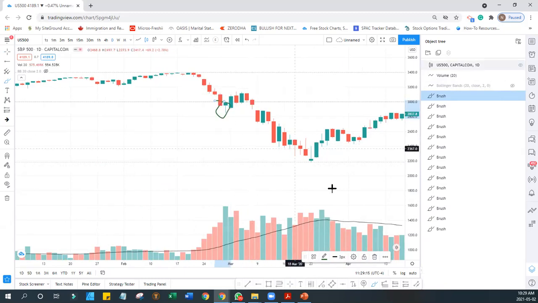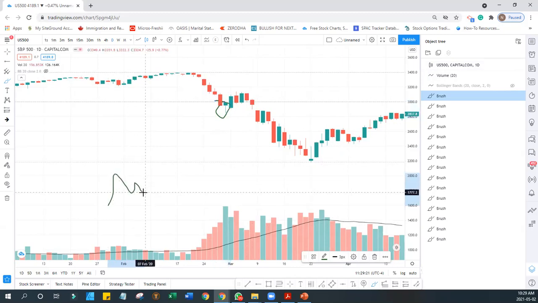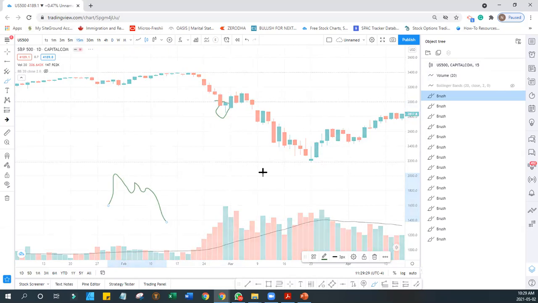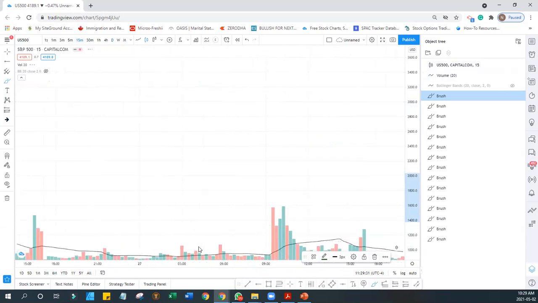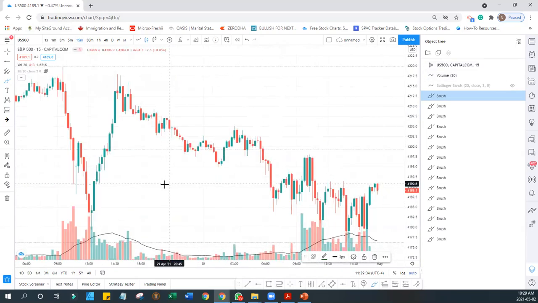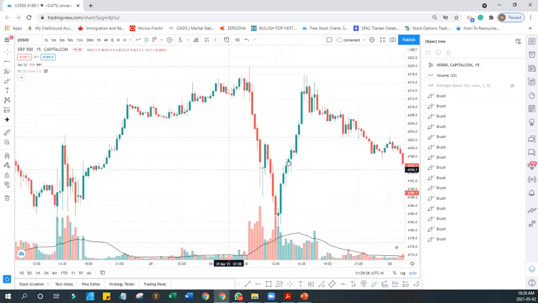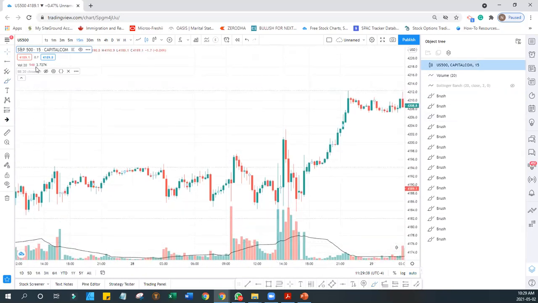But the market doesn't go down right away. It will always take a pause, like here, and then it will fall. This is the bigger time frame, that's why you are seeing only one candle. But when you go deeper into this candle, like 15 minutes, let me say 15 minutes, and where we drew that, volume, I don't need it.